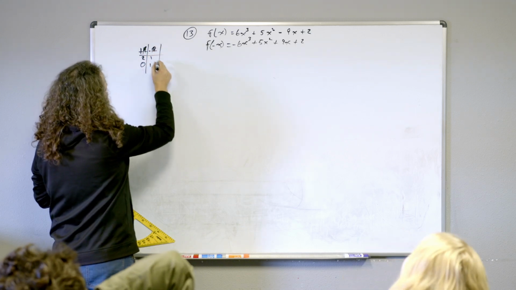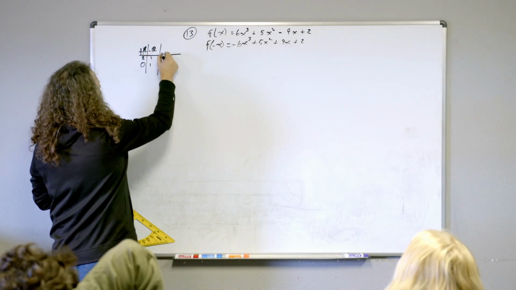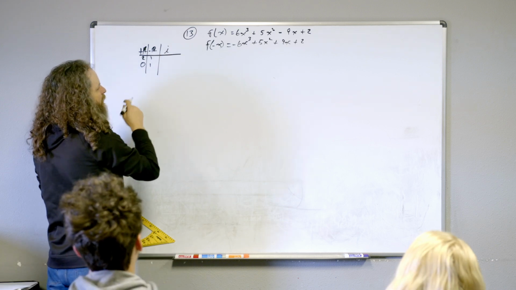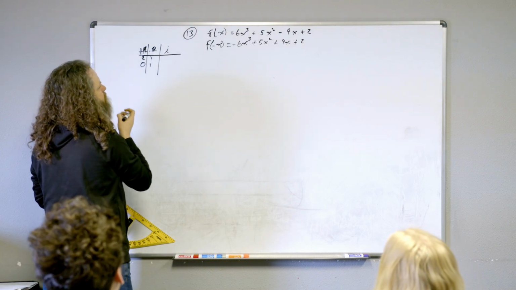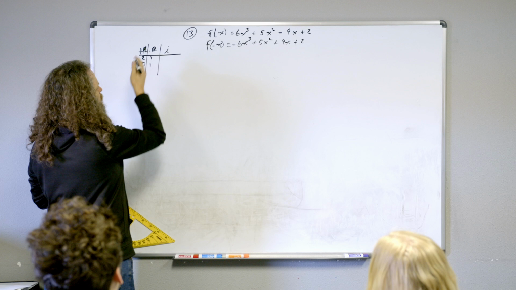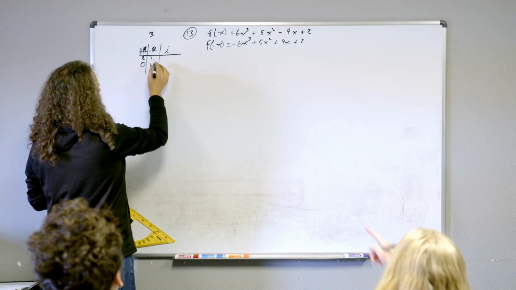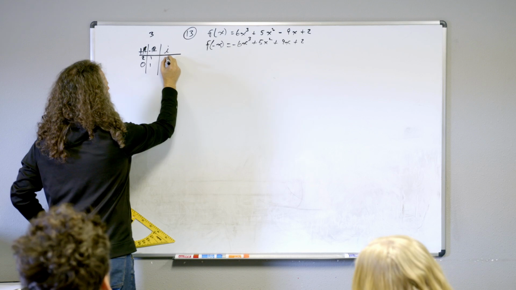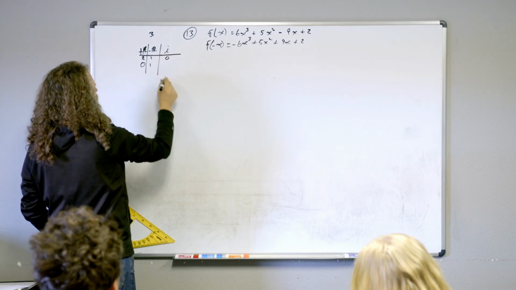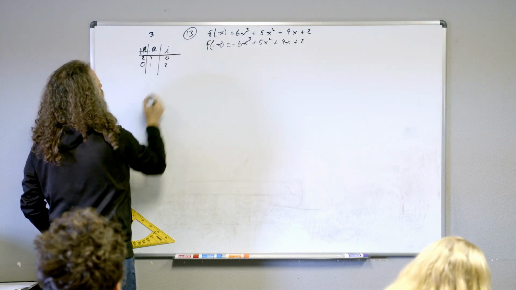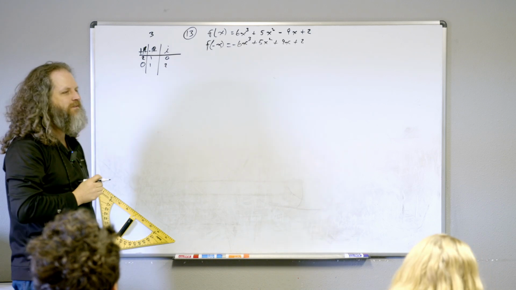Even threes are okay. How many are there total? There are 3. So if there's 2 positive, 1 negative, how many imaginary? 0. If there's 0 positive, 1 negative, how many imaginary? 2. Great.